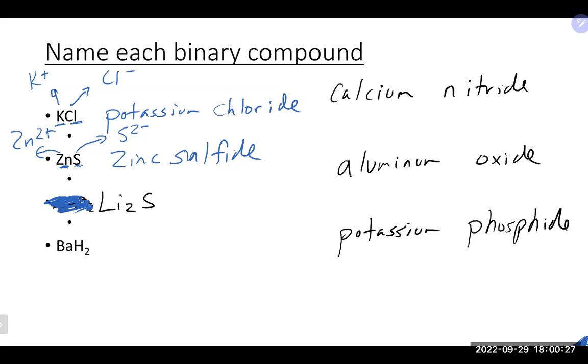Rolling through there, we got Li2S, so that's lithium, which is a metal. And again, our sulfide there, which is a non-metal. Lithium is group 1, which means it is going to be a type 1. So this would be lithium. And once again, our sulfur will get the IDE treatment.